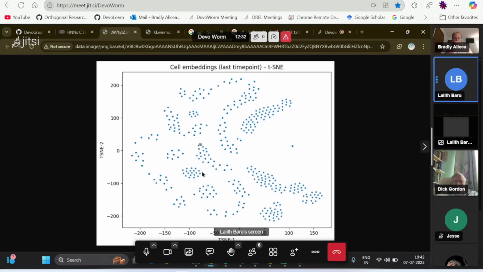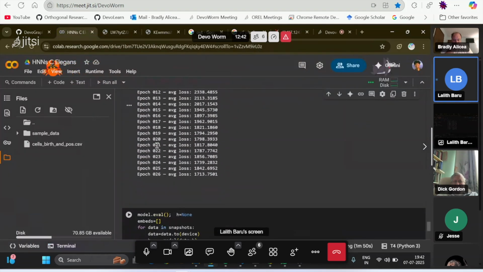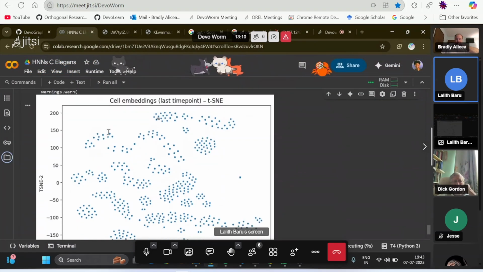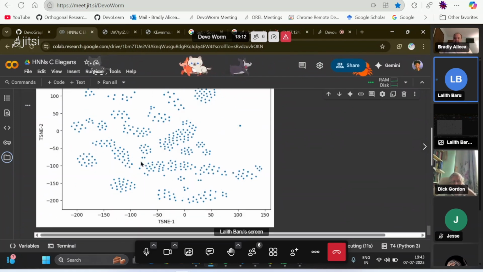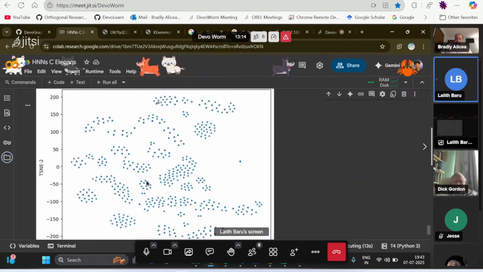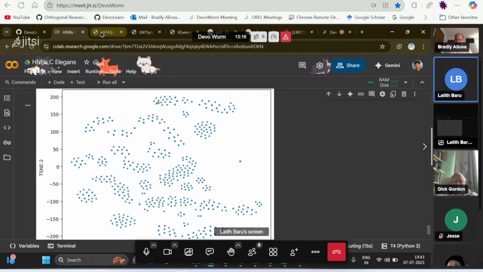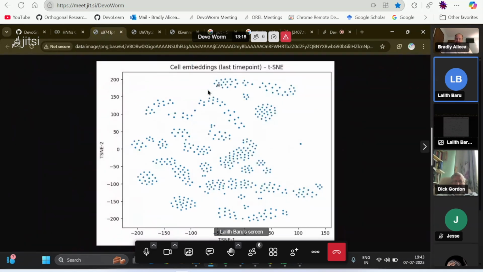So this is t-SNE. We can also use UMAP. UMAP actually gives us more intuition about the network topology. I actually added the function here too. So there are certain cells that are coming together. So that's the main thing.